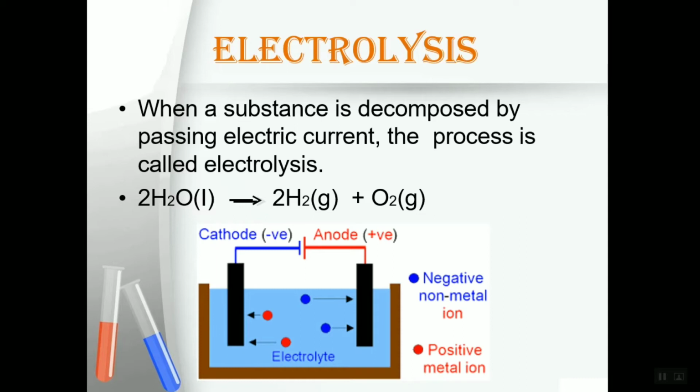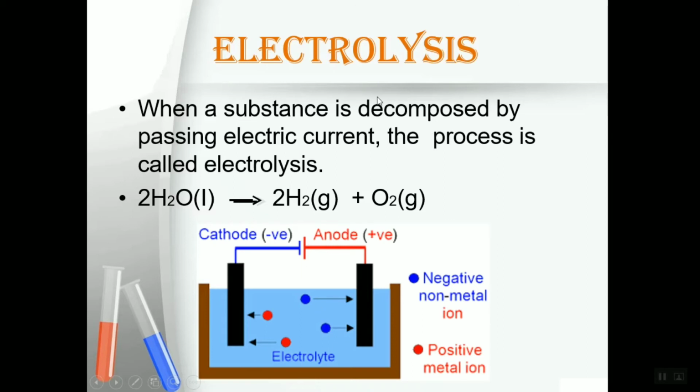The second type, electrolysis. When a substance is decomposed by passing electric current, the process is called electrolysis. You can see here water will decompose to H2 and O2. So here you can see this is one type of battery. Here this is an electrolyte, one cathode, one anode connected to the battery.